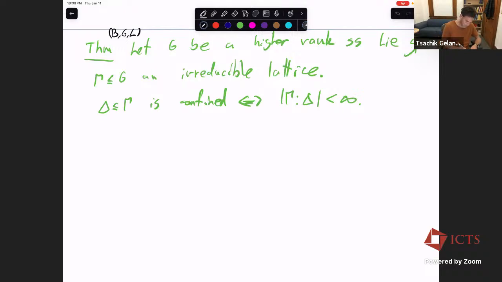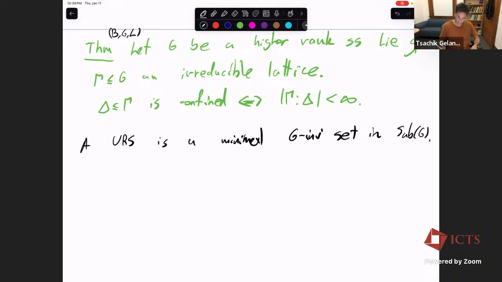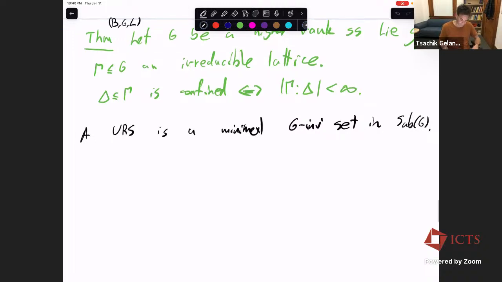We call a URS, uniformly recurrent subgroup, a minimal subsystem, a minimal G-invariant set in Sub G, the space of closed subgroups. I look at it as a compact space, and the minimal sets there are called URS. So there is no measure now.